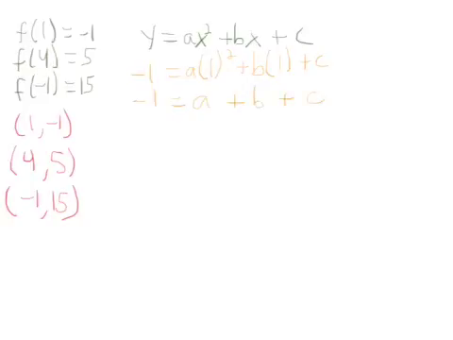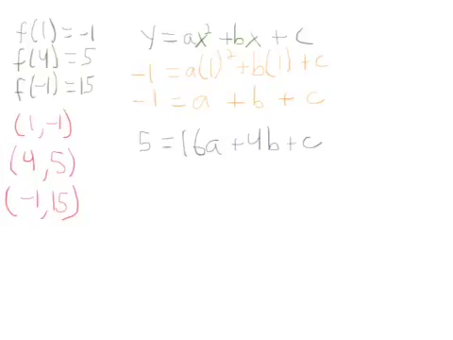We now do the same thing with the second point, (4, 5), where we plug a 4 in for x and a 5 in for y into that general equation. So we get 5 equals a times 4 squared, which gives me 16a, plus b times 4, which gives me 4b, plus c.